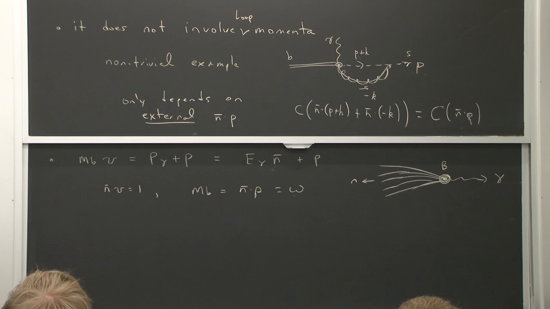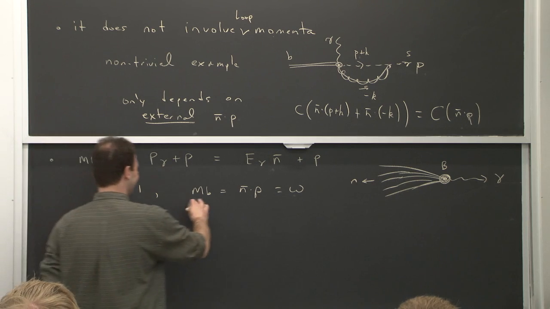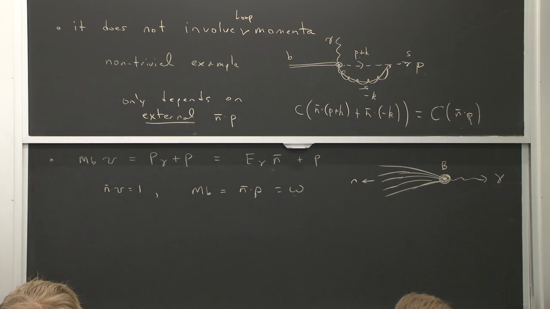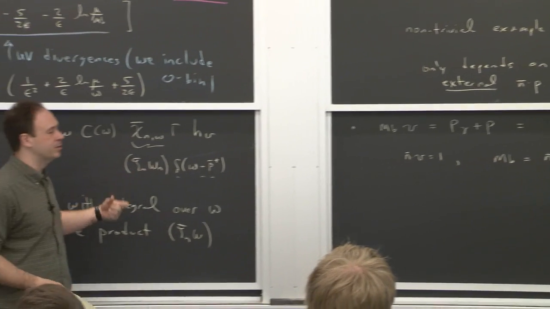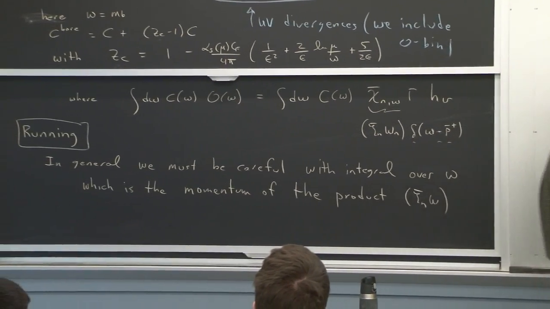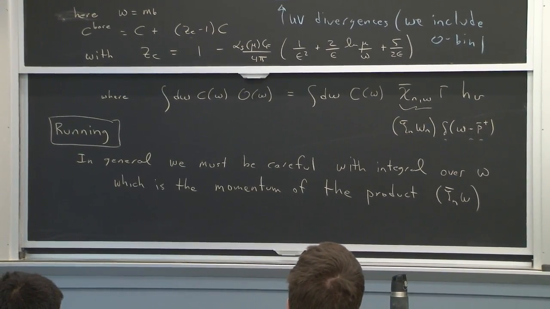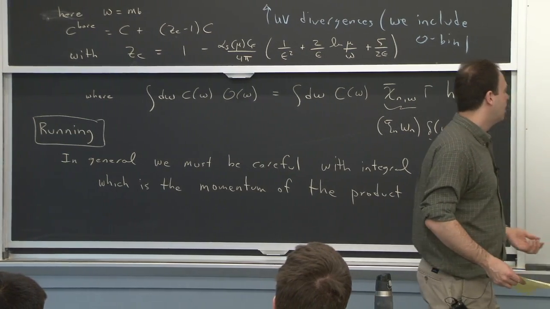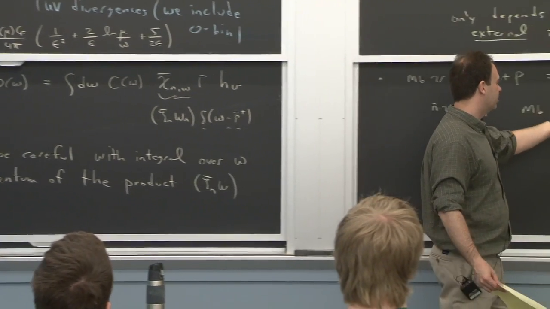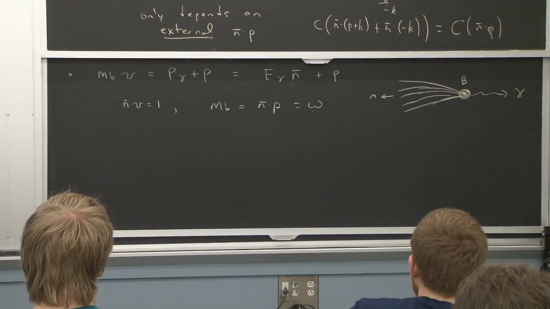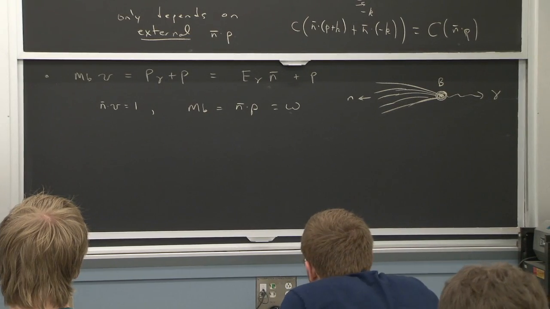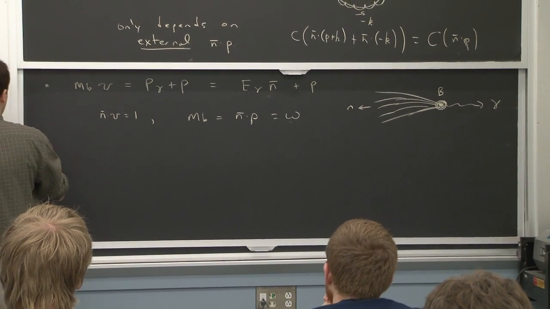We couldn't have been more careful because kinematics was demanding that this was true. But just in order to track what the Wilson coefficients can depend on, really what they can depend on is these labels of these collinear fields. And so I'm going to start writing omega for that reason, because that's the more generic thing that happens, even if we're not in a situation where it's fixed to be some mass. We will get dependence on the values of these parameters omega. OK?